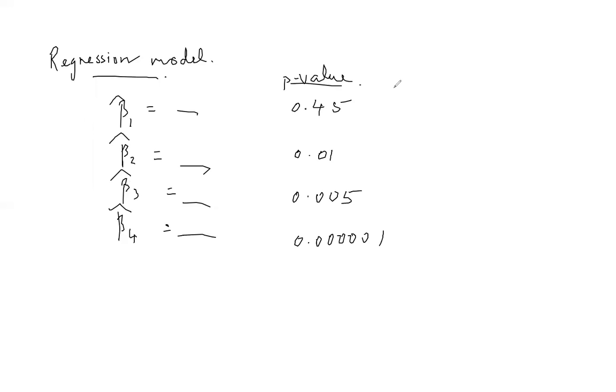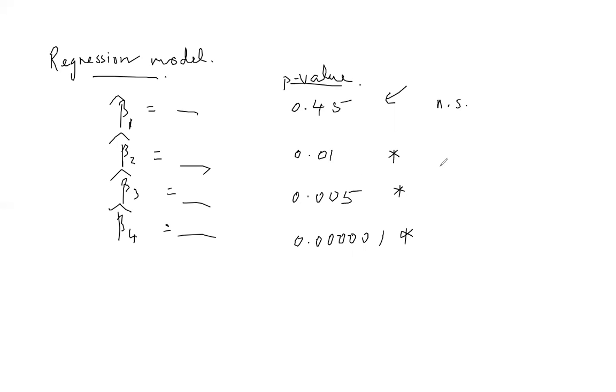Okay. Then of course here clearly you will say that variable 1 is actually not significant, right? Because the p-value is too high. And then you will say that, oh, these three are significant, all right? Because the p-value is smaller than 0.05. Well, that is fine.